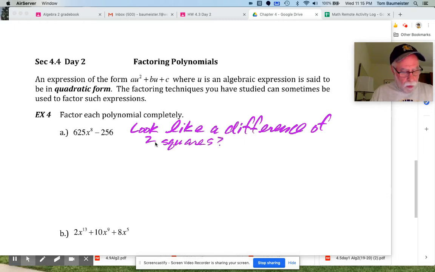If you look at it, we do have a minus sign there. And it is. I'll just put it there for you.